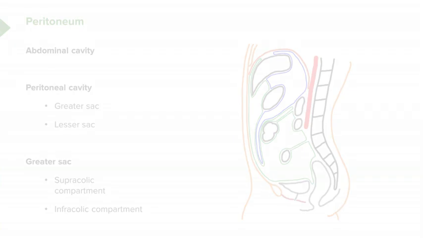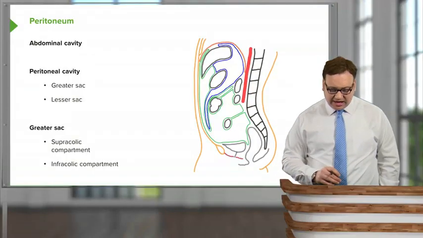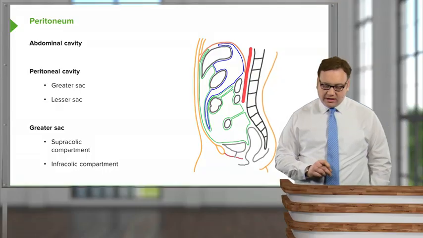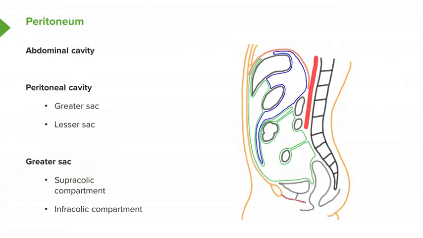The final part I want to do just on this section is looking at the greater sac again and the supracolic and infracolic compartments. This is relatively straightforward. All you have to do is lift out the transverse mesocolon and the greater omentum and form this kind of separation.